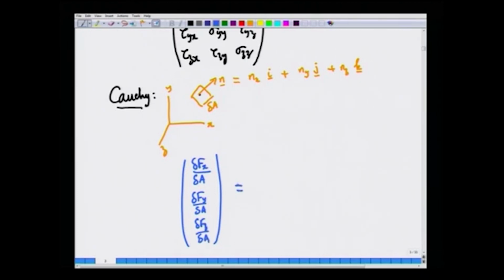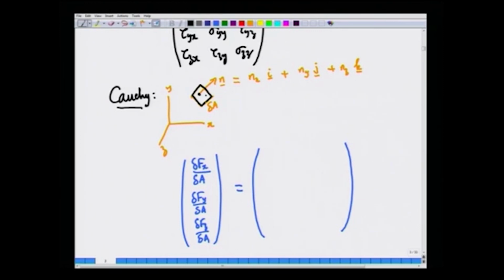The answer due to Cauchy, which I will not derive, is to simply take the local value of the stress tensor acting at that point. Remember, this is an infinitesimal area surrounding a point.